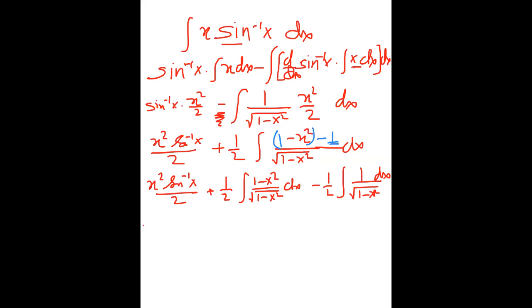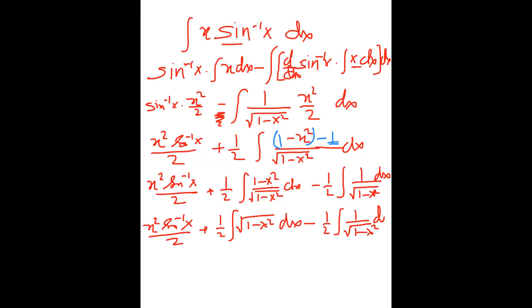So x square sine inverse x by 2, plus 1 by 2 integral under root 1 minus x square dx, minus 1 by 2 integral 1 upon under root 1 minus x square dx.